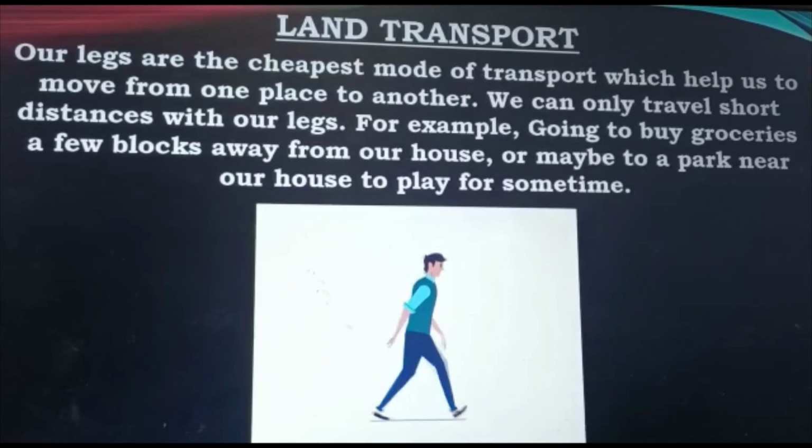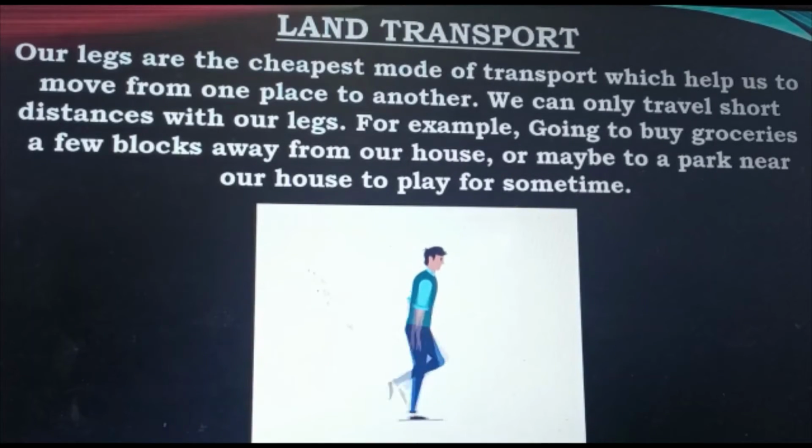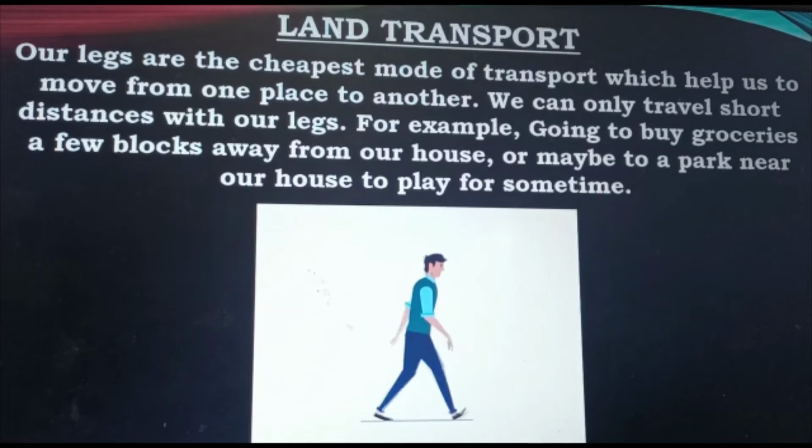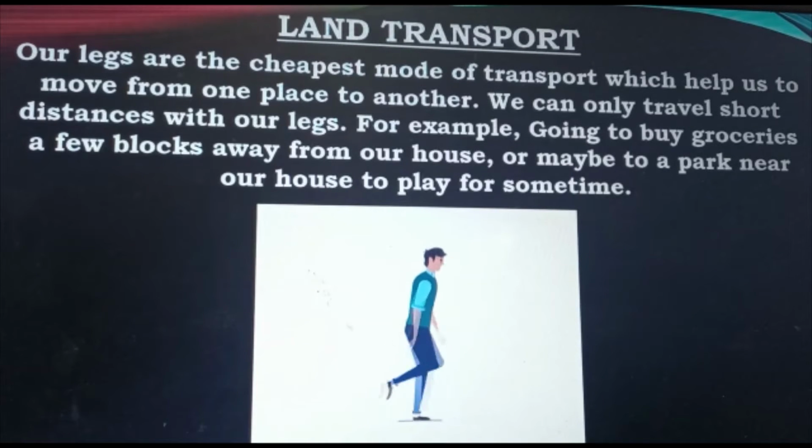For example, going to buy groceries a few blocks away from our house, or maybe to a park near our house to play for some time. These are the very easy and the cheapest mode of transport that we have. And these are the blessings. These legs are the only things that were used when there were no wheels. There was no transport, right?